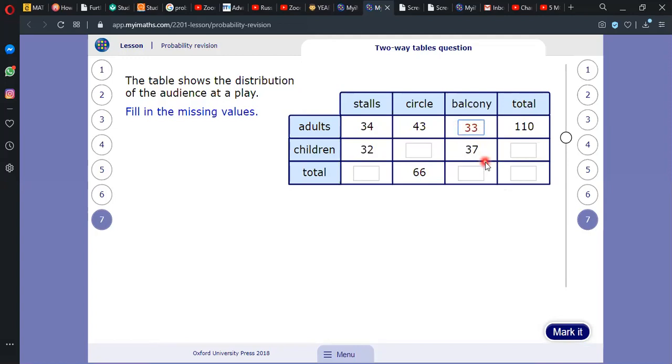Now, the next thing is, let's look for here. For stalls, 34 plus 32 should be added together to give 66 over there. 33 plus 37 here should give all balcony, and that should give 70.